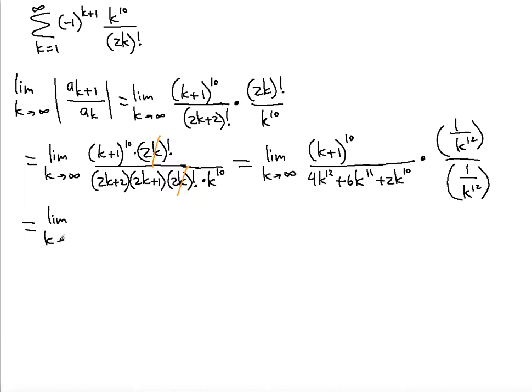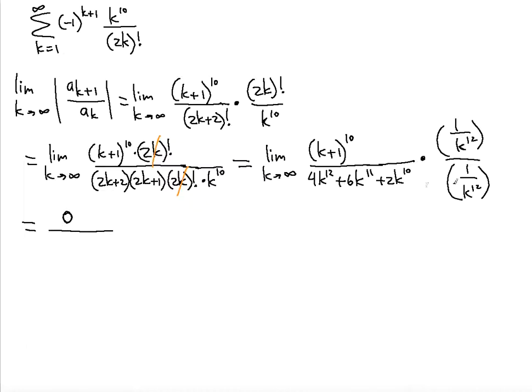I'm going to get straight to the point. As you can see here, when you plug in infinity, you will have something in the denominator left. So when you evaluate the limit, you will have something over infinity in the numerator, so you're going to have 0 in the numerator.